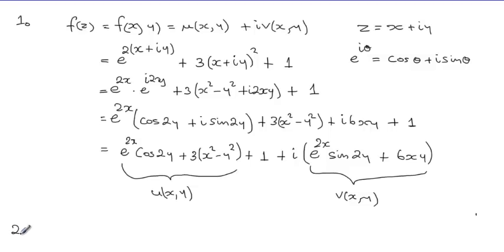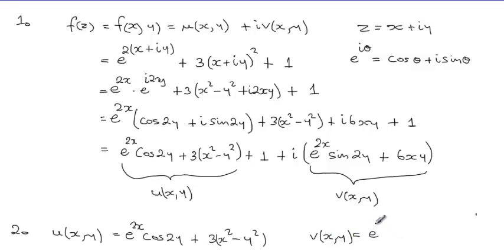Now we can write this specifically and say u of x, y is equal to e to the power 2x cosine 2y plus 3 times x squared minus y squared, and v of x, y is equal to e to the power 2x sine 2y plus 6xy.